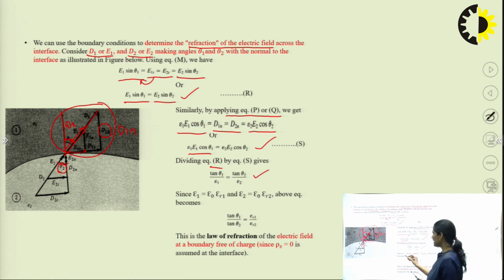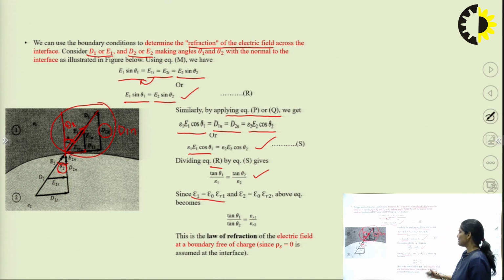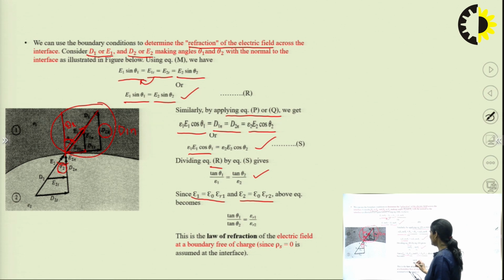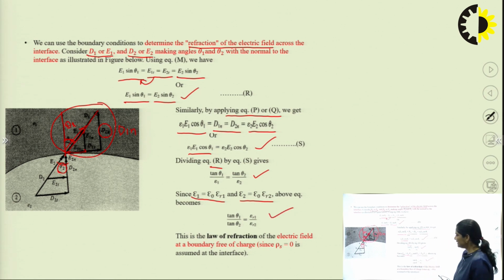You all know epsilon 1 is equal to epsilon naught epsilon R1, epsilon 2 is equal to epsilon naught epsilon R2. So you can put these values here and you will get the final equation, tan theta 1 upon tan theta 2 is equal to epsilon R1 upon epsilon R2. So this is the law of refraction of the electric field at the boundary free of charge, since rho s is equal to 0.